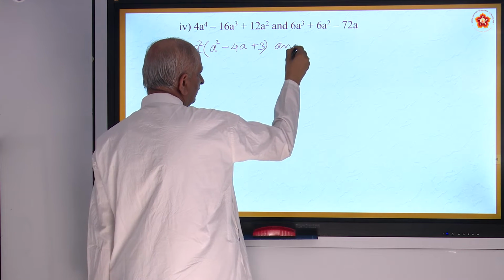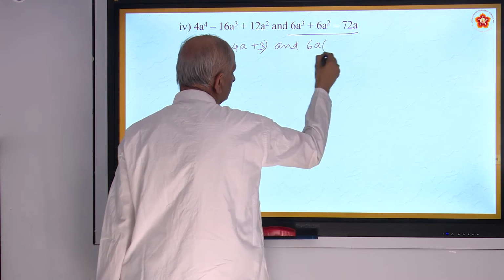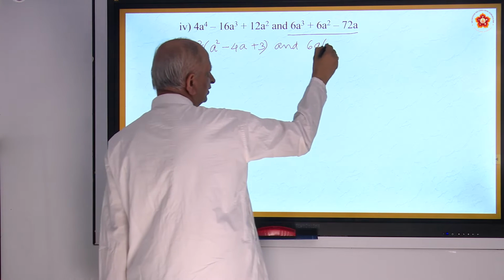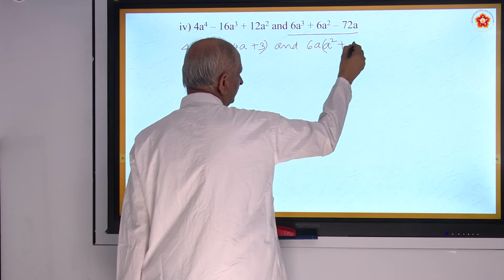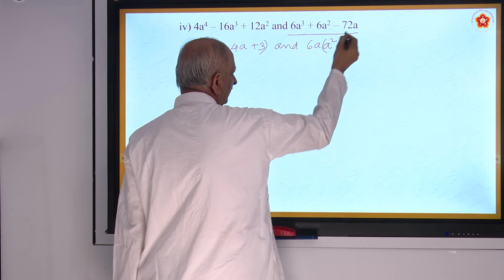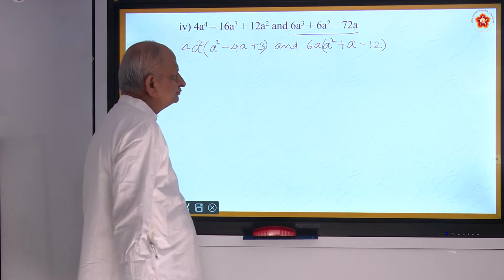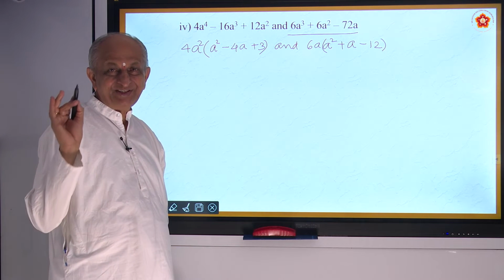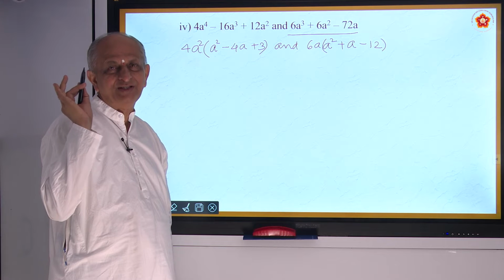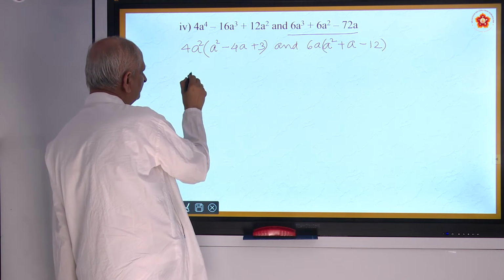And what is common here? 6a is common. Correct? You get a square plus 6a is taken outside, a you get. And then you have minus 12. So this is the first thing you should understand. Now, you can factorize this.